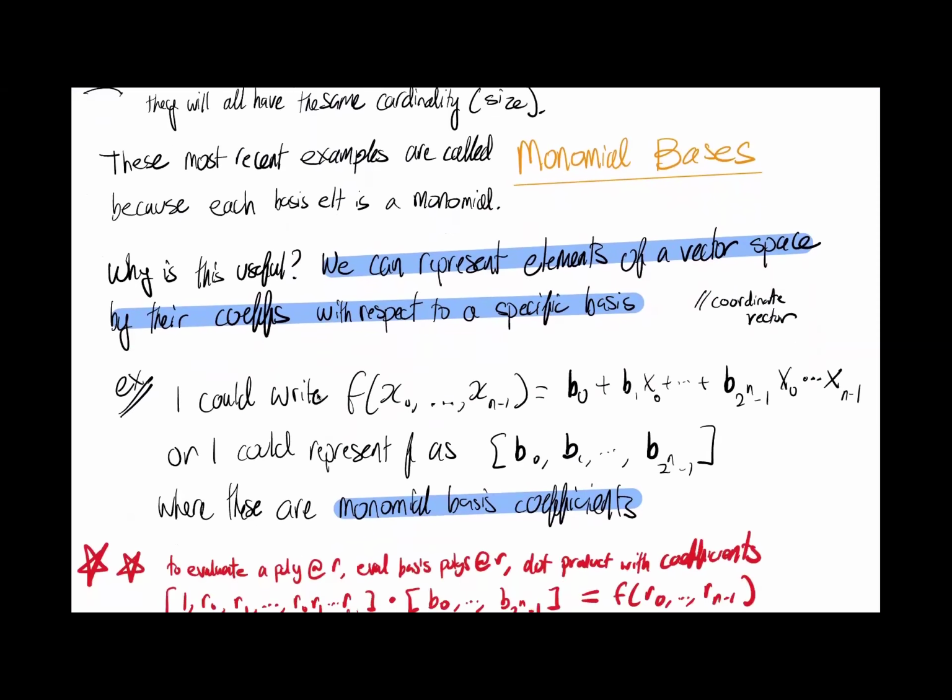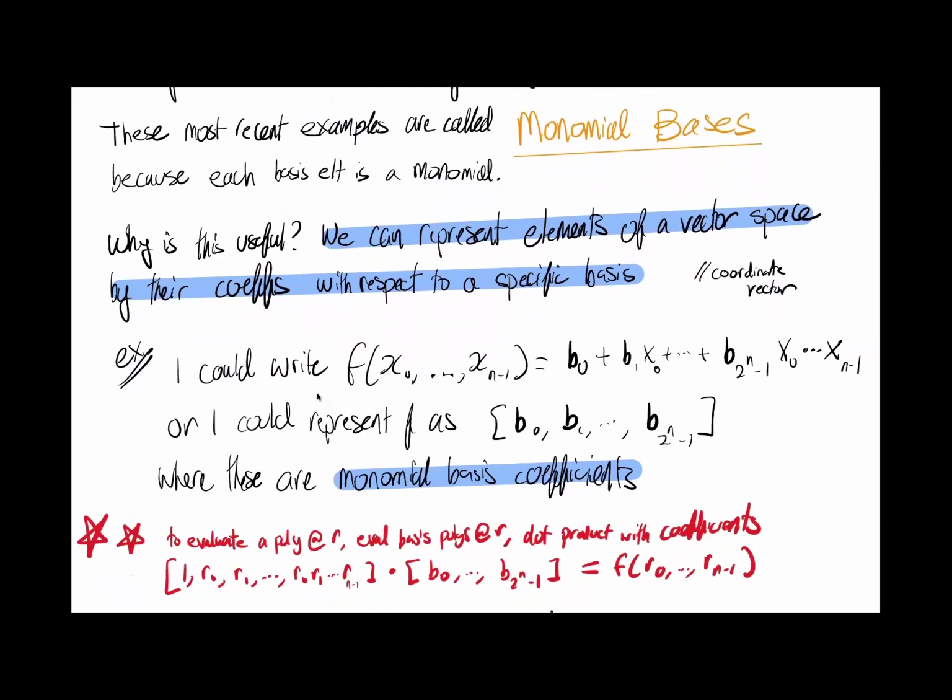For example, I could write a multilinear polynomial f of x0 up to x n minus 1 in this form, where it's b0 times 1, b1 times x0, plus dot dot dot, plus b to the 2 to the n minus 1 times the last basis vector.